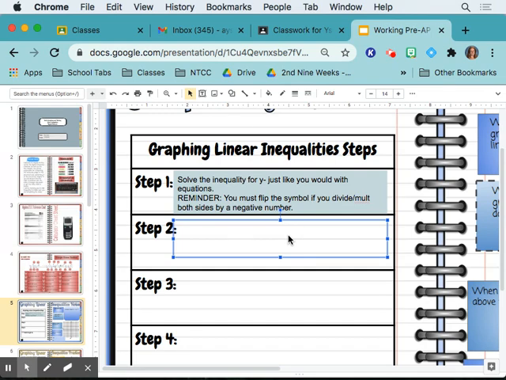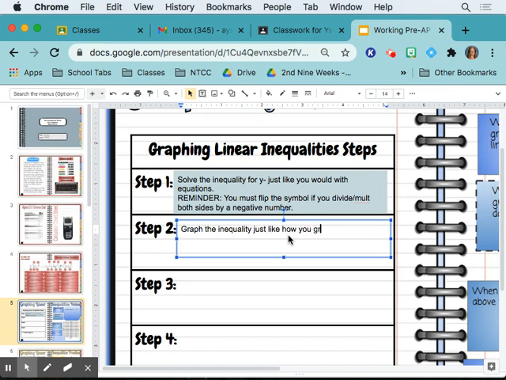Okay, so step 2 is you're going to graph the inequality line, just like how you graph equations. y equals mx plus b.